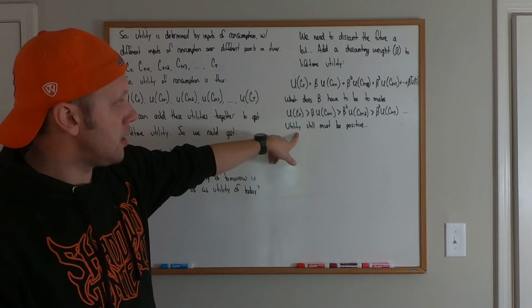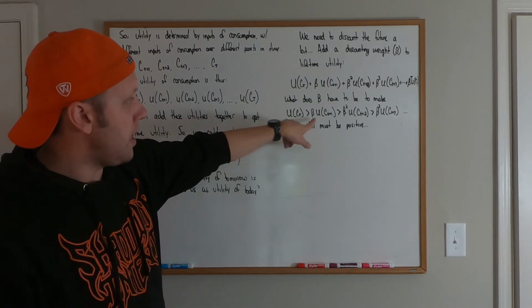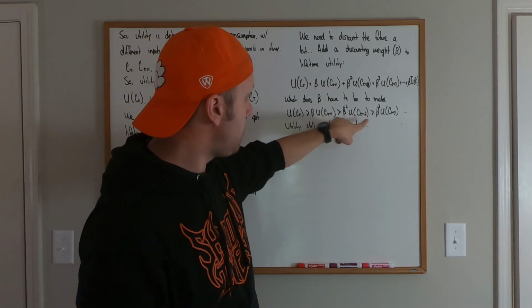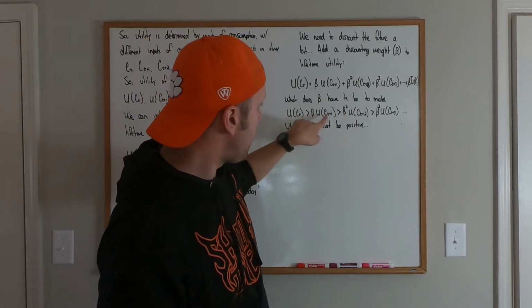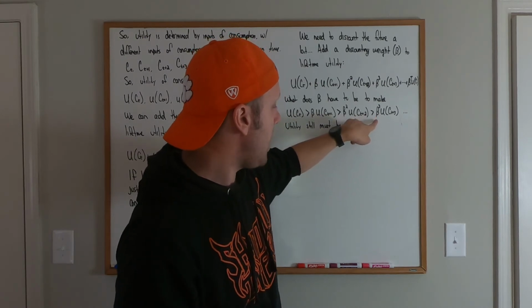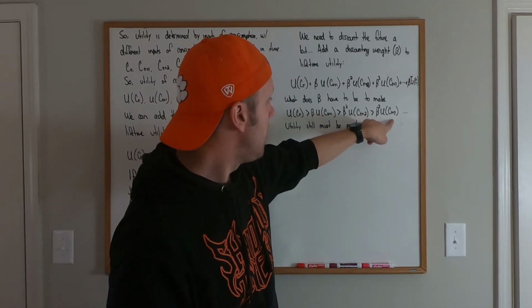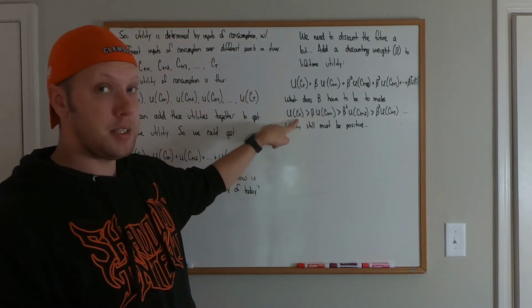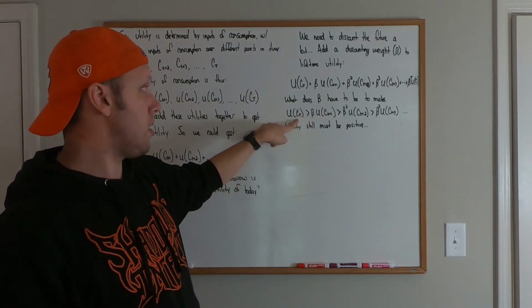So it's got to be positive, but as beta gets larger, as I increase the exponent of beta, beta to the first power, beta to the second power, beta to the third power, what does beta have to be to make sure that future utility is still positive, but it matters a little bit less than current utility?